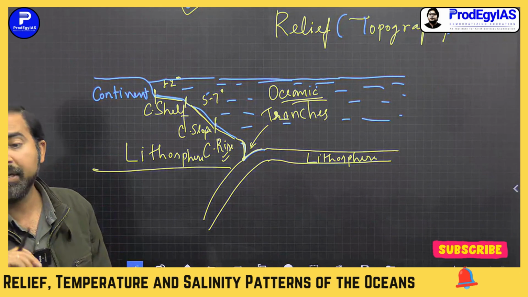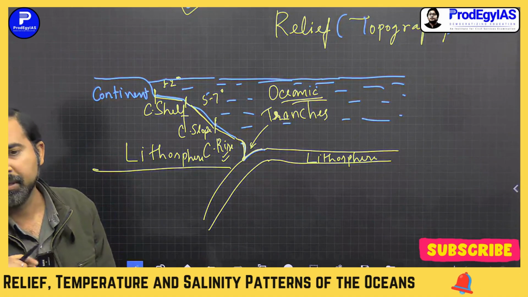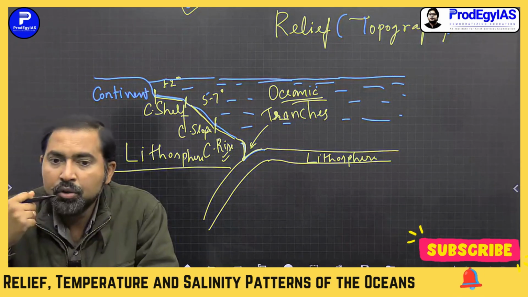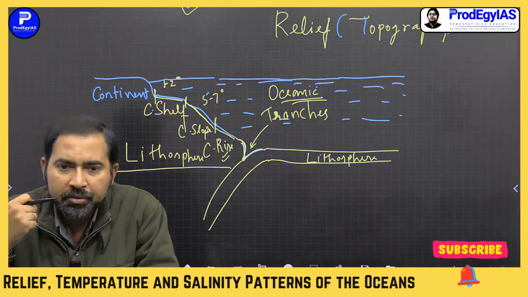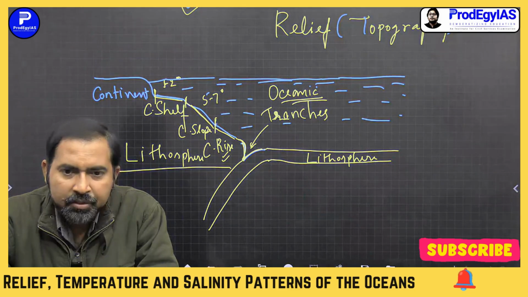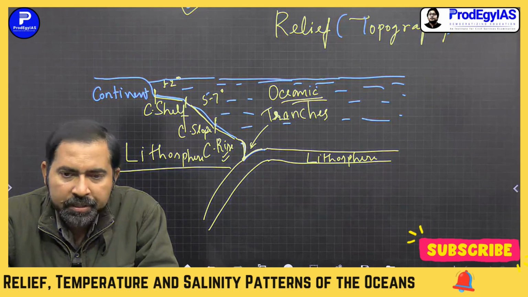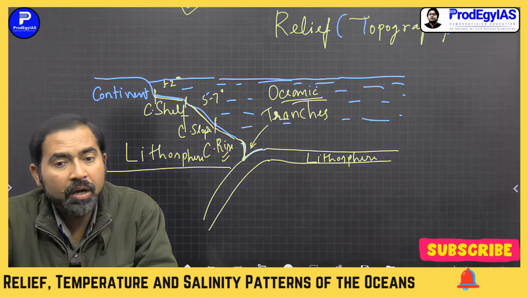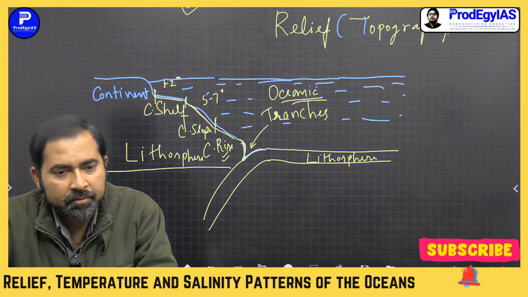Trenches are the deepest parts of the oceans. You know, many trenches, like in the Indian Ocean there is the Andaman Sunda Trench, there is the Sunda Trench, there is the Java Trench. In the Pacific region, there is the Tonga Trench, Kermadec Trench, Kuril Trench.